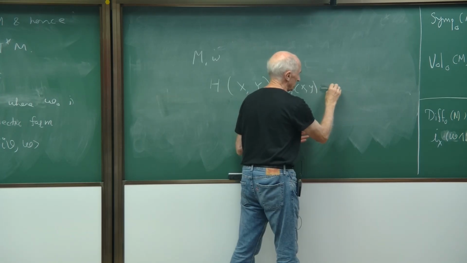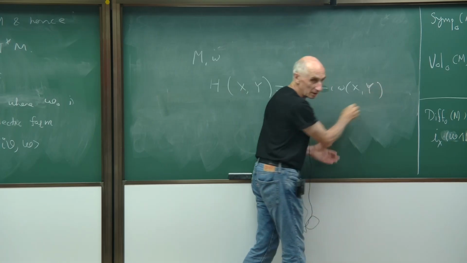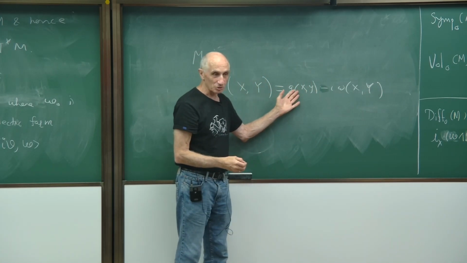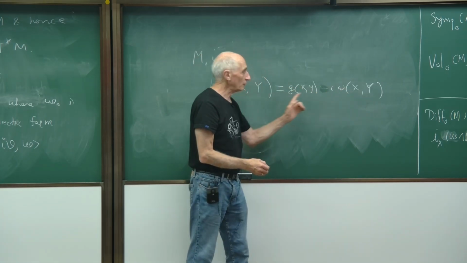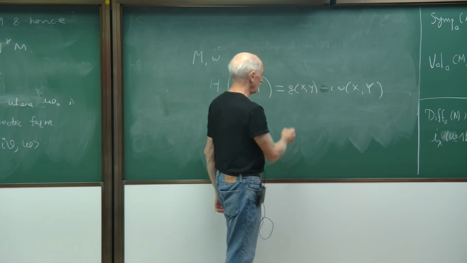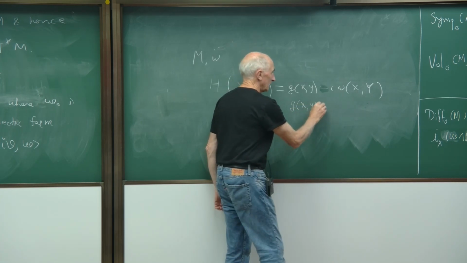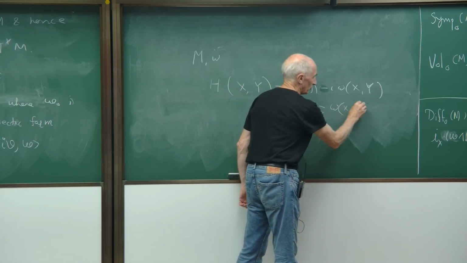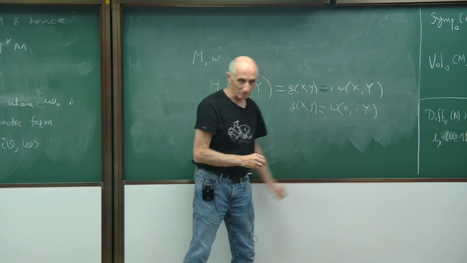I think you need a minus sign for some reason, but okay. The real part is just the usual Euclidean Riemannian metric, and the imaginary part is a symplectic form. And moreover, they are related by g(x,y) = omega(x, Iy), I think, if I'm correct. Maybe I'm wrong in sign, but I hope it's correct.